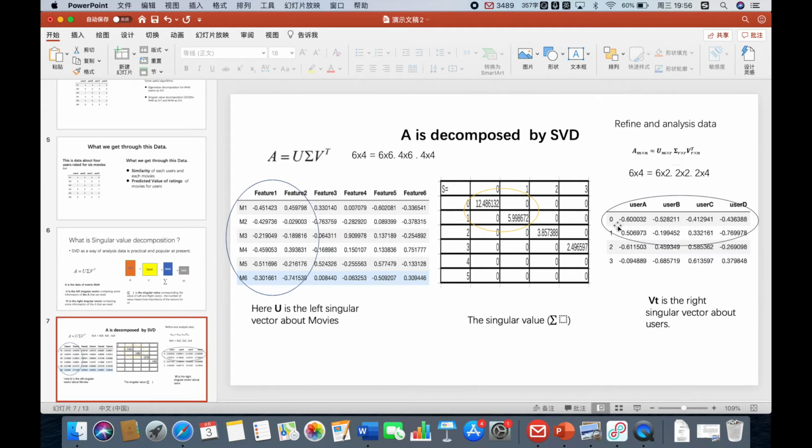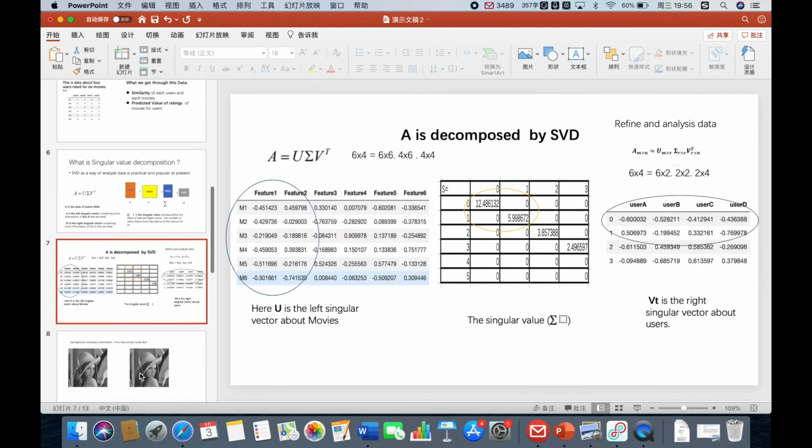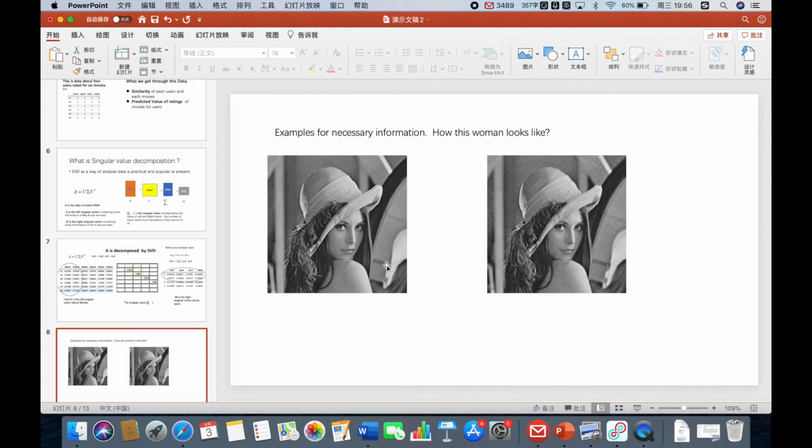So why am I going to talk about that? Here is a small instance: 2 pictures of a beautiful woman. What we want to find out is what this woman looks like.